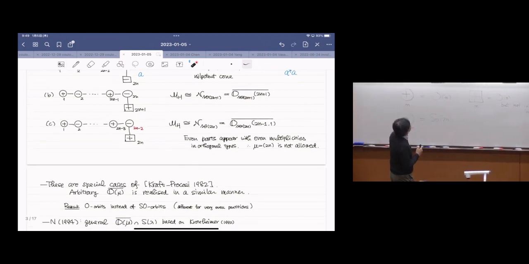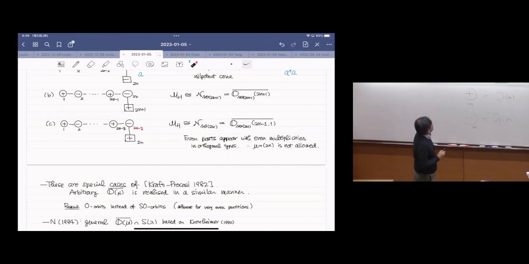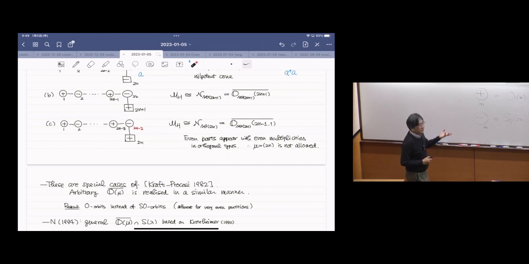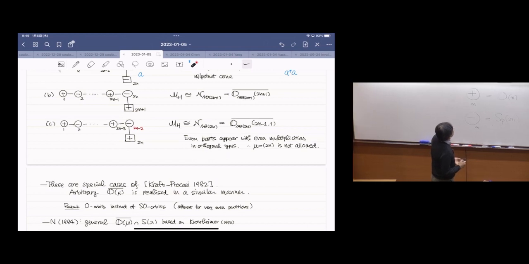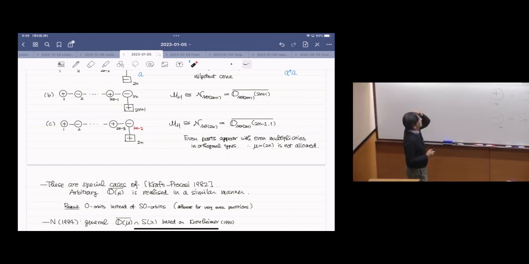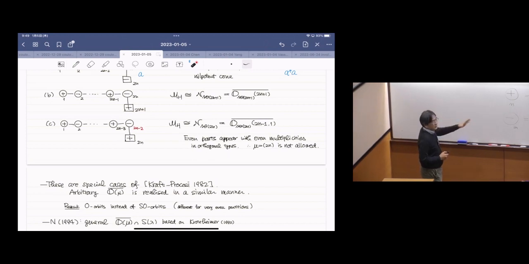When I wrote O, I usually mean the orbit under the orthogonal group. The special orthogonal group is the connected component of the orthogonal group, and O orbits and SO orbits are slightly different.